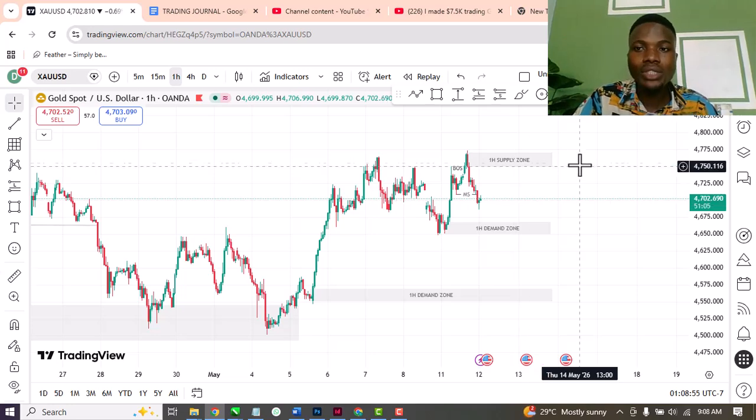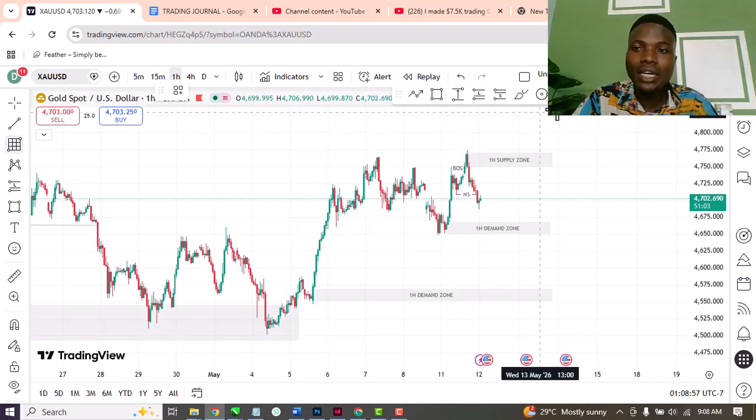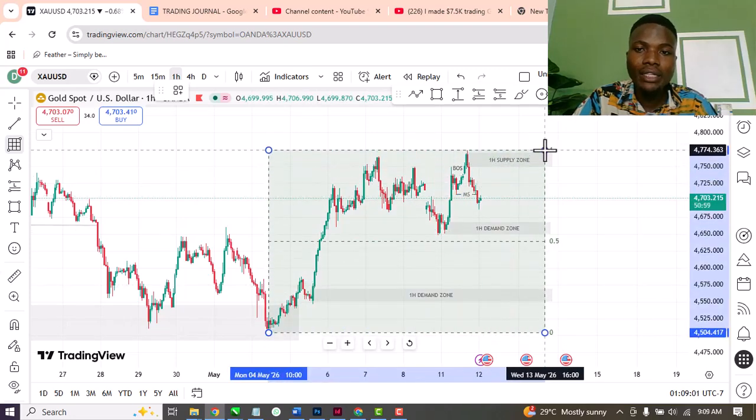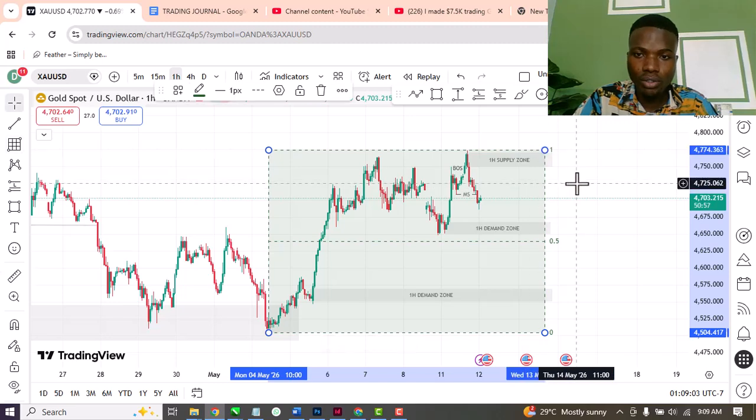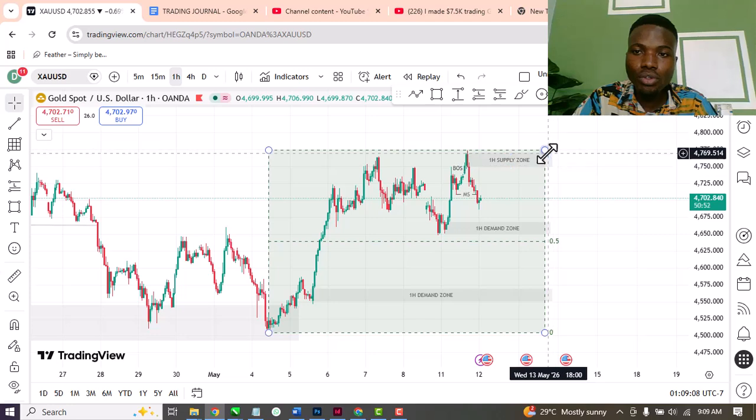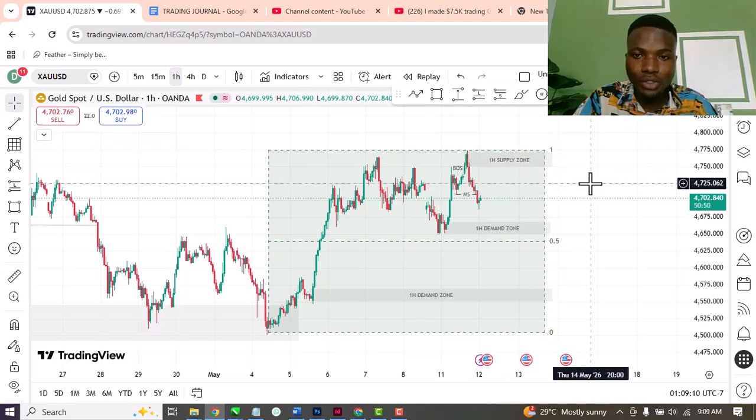The reason why is because if I take my Fib box to identify my premium and discount zone, this area from 0.5 to 1 here is our premium zone. Since that is our premium zone, it is not advisable that we take a buy trade.